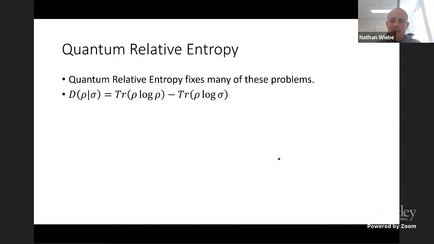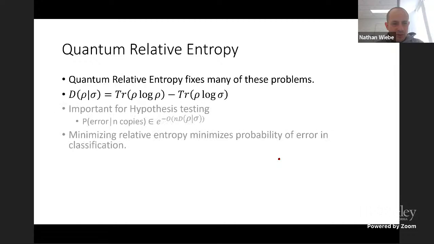For those of you who've spent some time with machine learning, the quantum relative entropy is an analog to the KL-divergence between two probability distributions, which is known and loved in machine learning circles. It's basically defined here as the von Neumann entropy of the state on the left minus the cross entropy between the two, which is the trace rho log sigma.